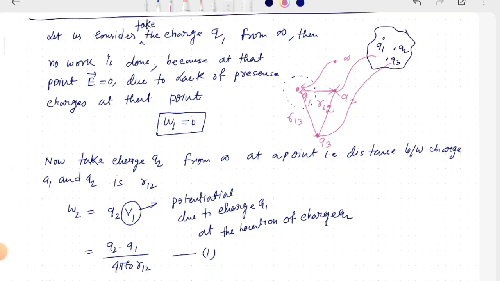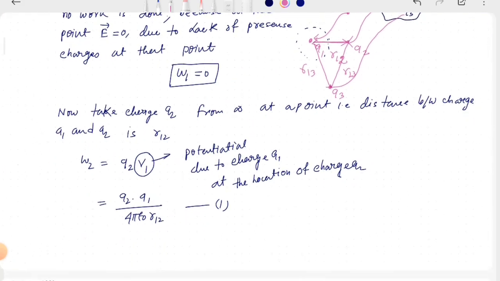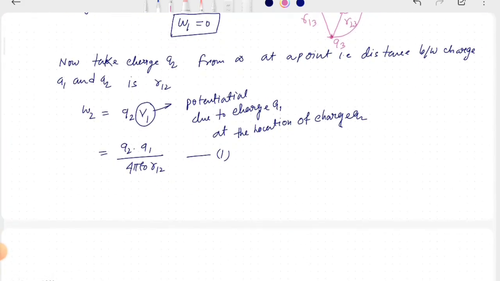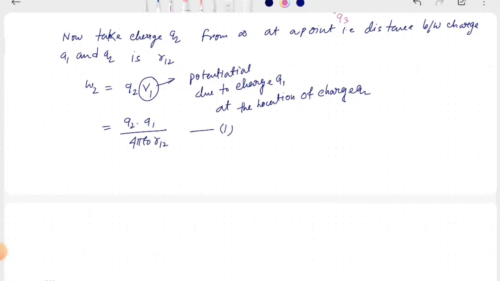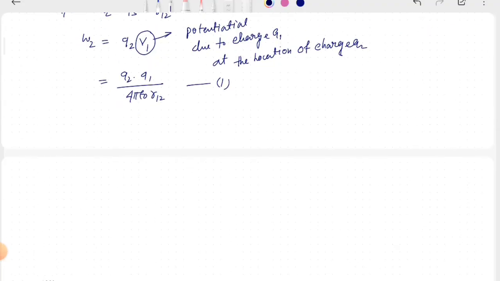So now we calculate the work done to take charge Q3 from infinity to that point. Okay, so work done.